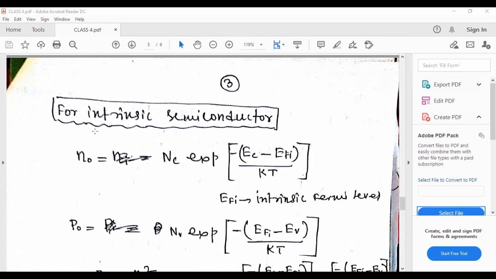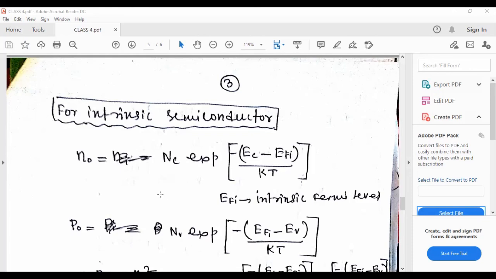Now, if we want to describe an intrinsic semiconductor, what is an intrinsic semiconductor? It is the pure form of a semiconductor, and as we know from our knowledge of the Fermi level from today's class, the Fermi level should lie in between the valence band and the conduction band at exactly the middle position, not exactly, under some condition, the middle position between the conduction band minima and the valence band maxima.